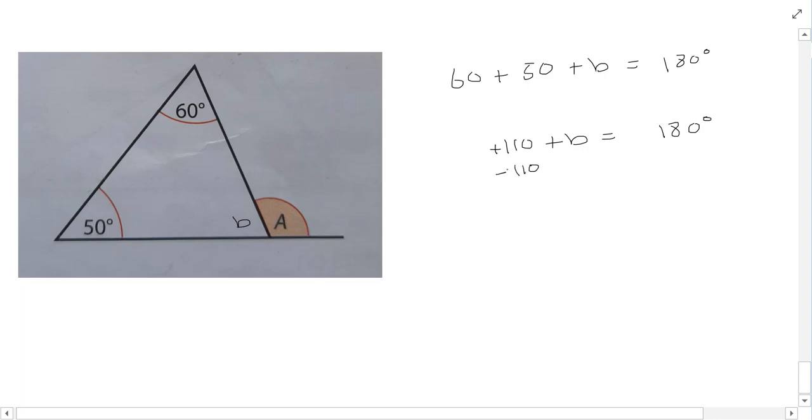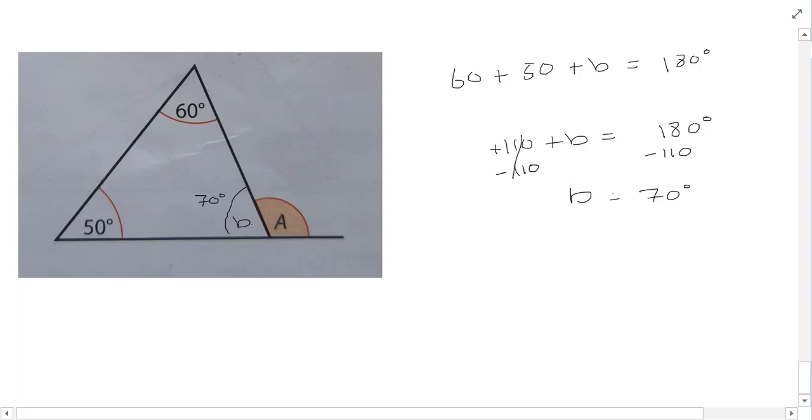If I minus 110 from this side, I have to minus 110 from this side. So plus 110 minus 110, they'll cancel out, and then the angle B is going to be equal to 180 minus 110, which is equal to 70 degrees. So now we've worked out that this angle in here, B, is 70 degrees.